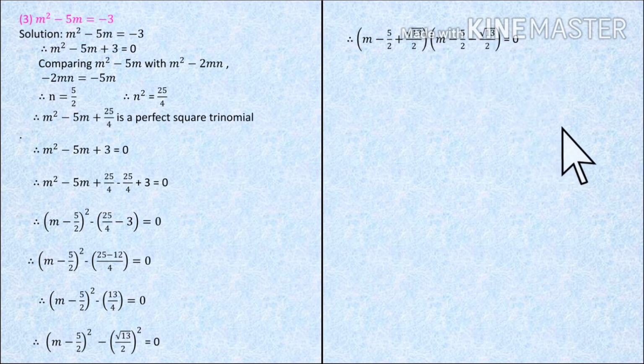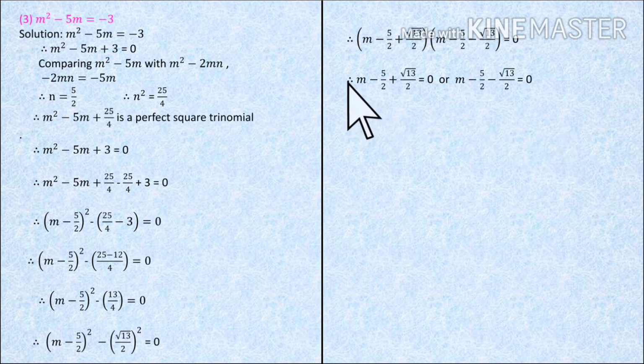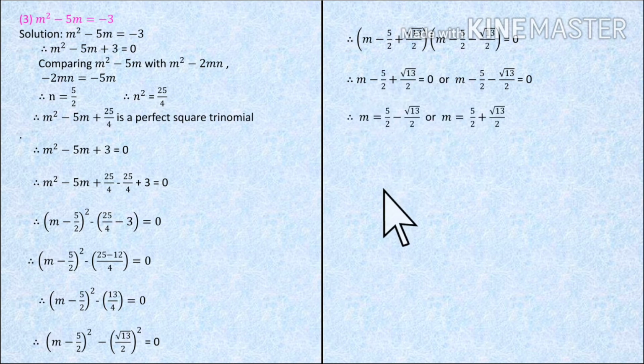Now equate each term to 0. Therefore m minus 5 by 2 plus root 13 by 2 is equal to 0, or m minus 5 by 2 minus root 13 by 2 is equal to 0. The next step, change the side of the equation so that we will get the value of m.